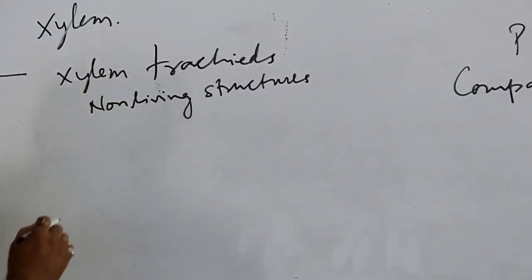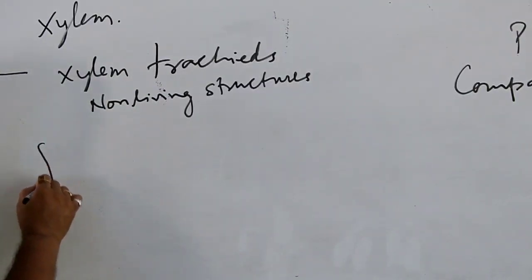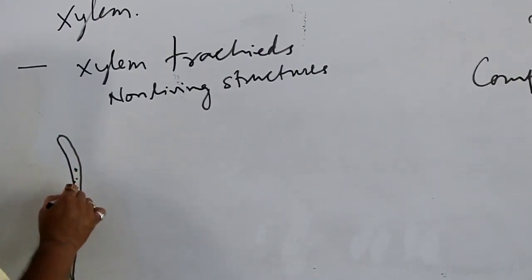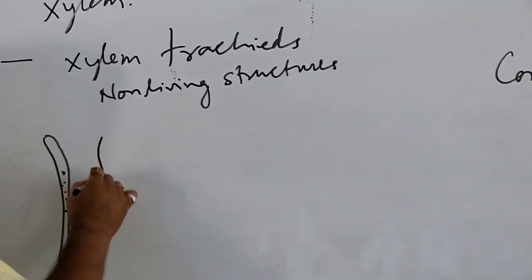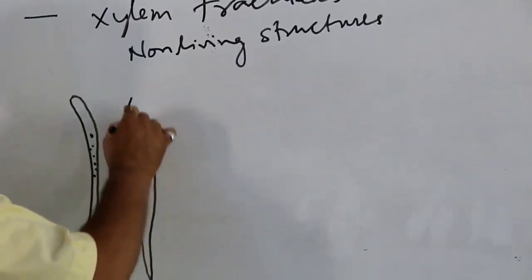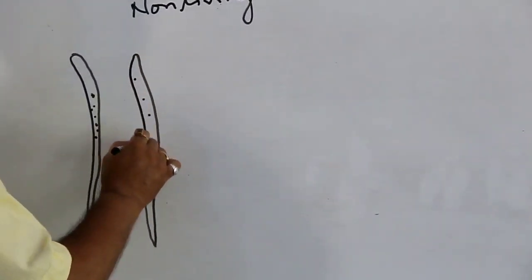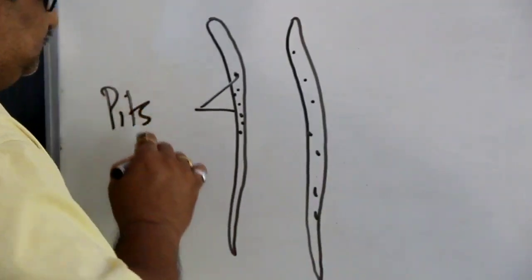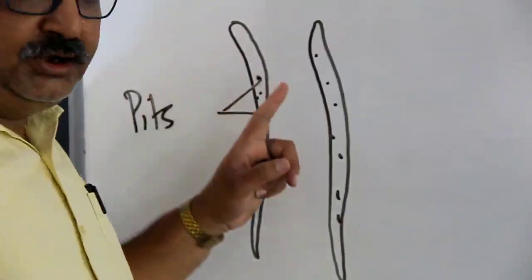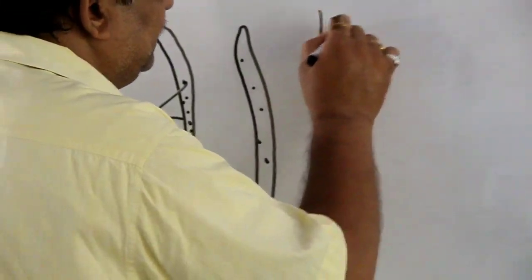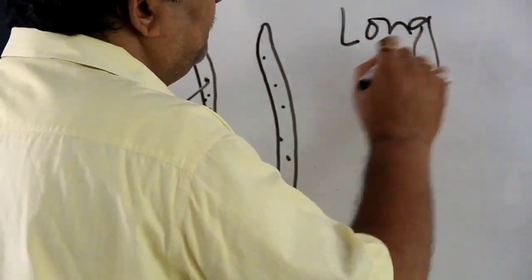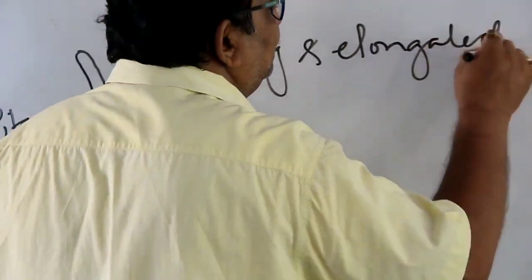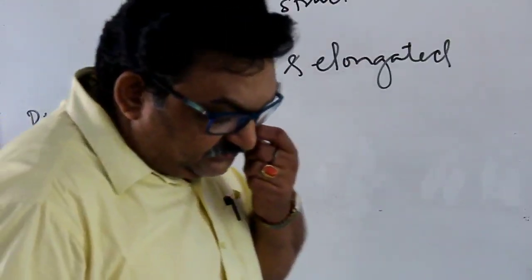And if we see the diagram, these are long and elongated structures.